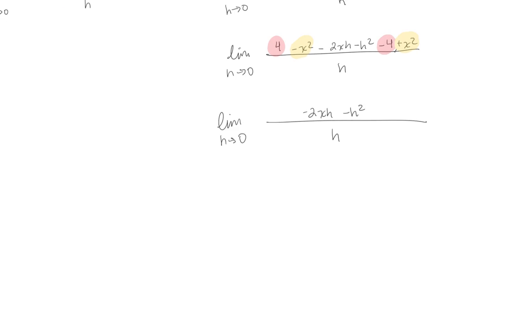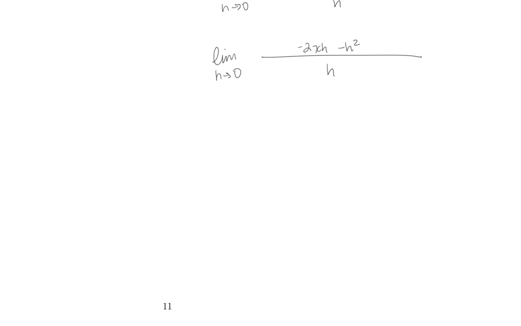From here I notice that the top has h in both terms, so I'm going to take an h out: negative 2x minus 1h, all over h. Then this h and this h cancel each other, so now we're left with the limit as h approaches 0 of negative 2x minus h.